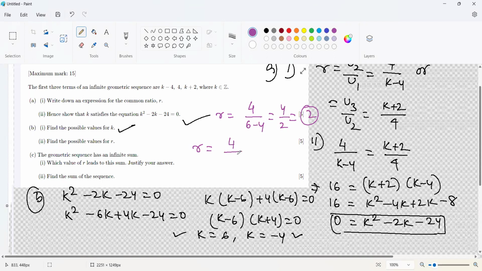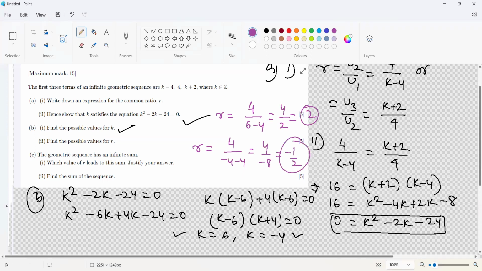And 4 upon minus 4 minus 4, which results into 4 upon minus 8, which results into minus 1 by 2. These two are the possible R values.